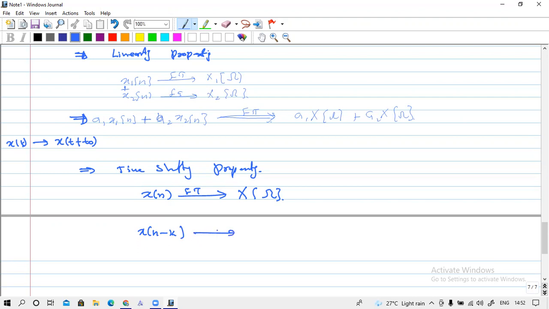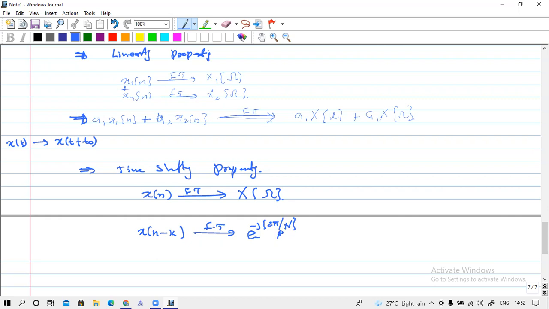We have the Fourier transform of this, e to the power minus j omega n.